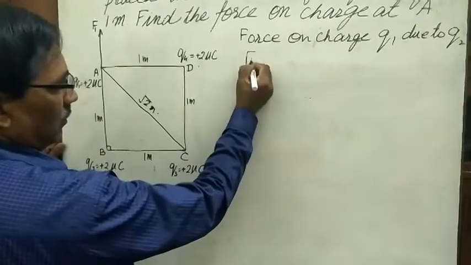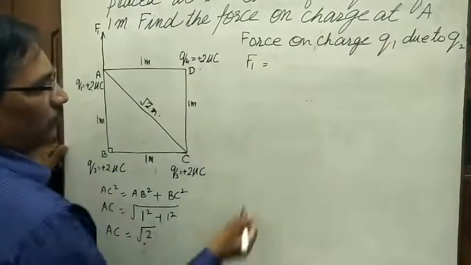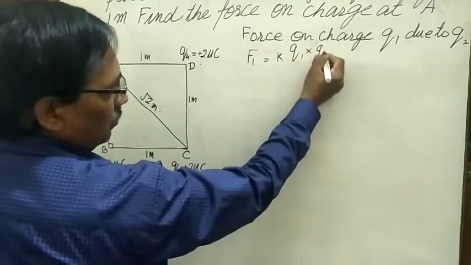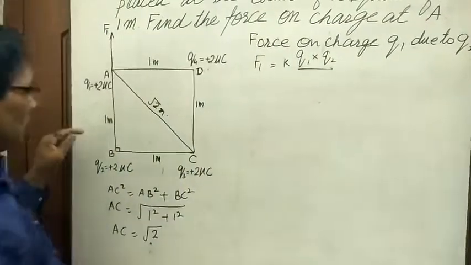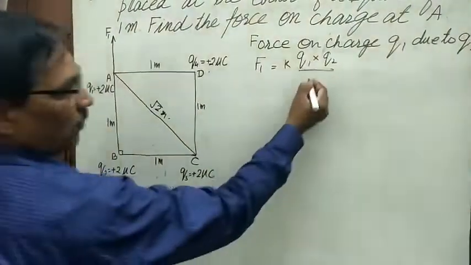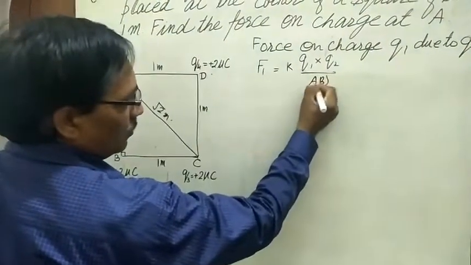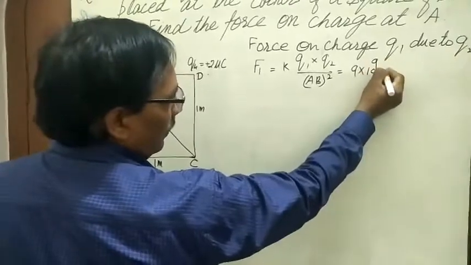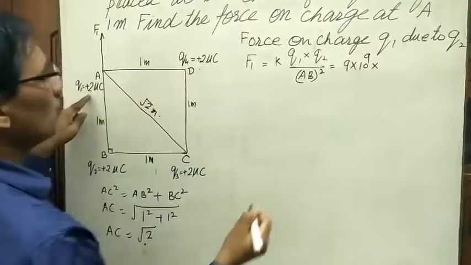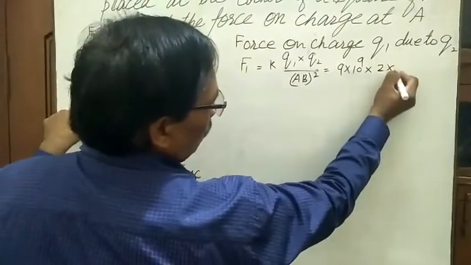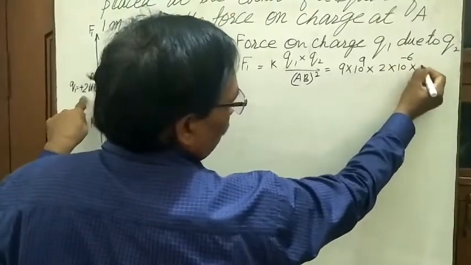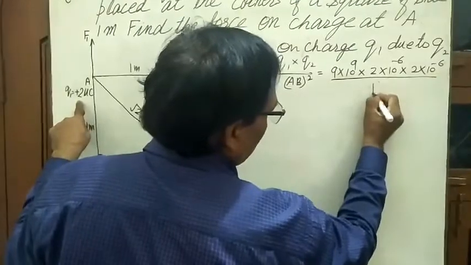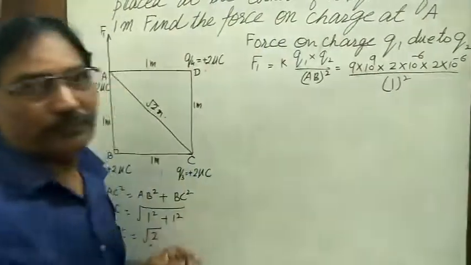F1 is equal to K Q1 into Q2 by, what is the distance? AB square. That is 9 into 10 to the power 9 into Q1 is 2 microcoulomb, means 2 into 10 power minus 6, into 2 into 10 power minus 6, divided by distance is 1 meter, 1 square.